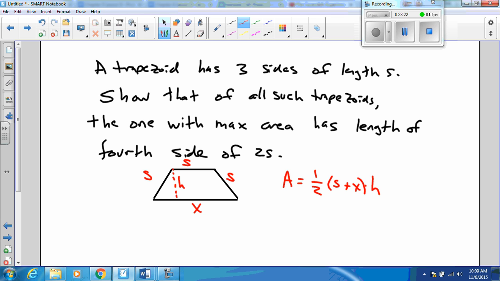And it sounds like the ladies over here have made some progress. Tell us what you got. And so it's h squared plus x minus s over 2 squared. So this is x minus s over 2 here? I think that's right, because x is composed of this guy plus this guy.